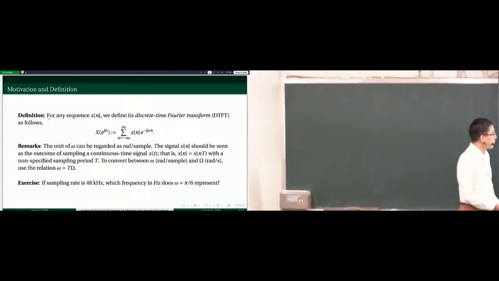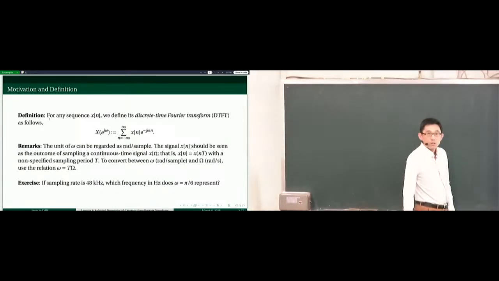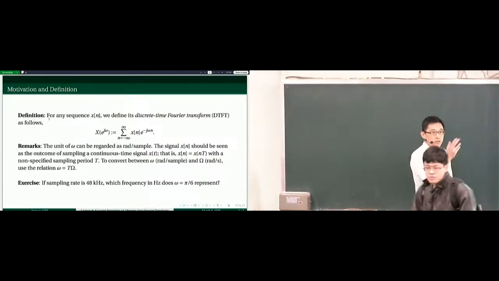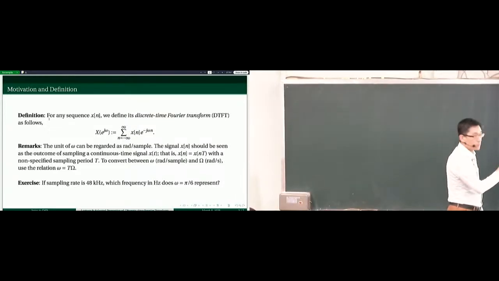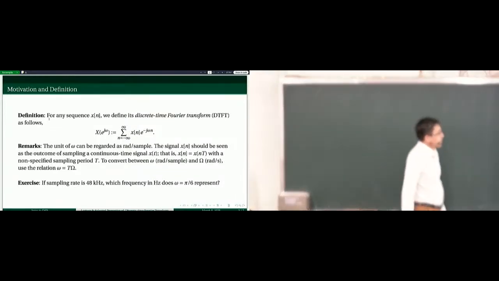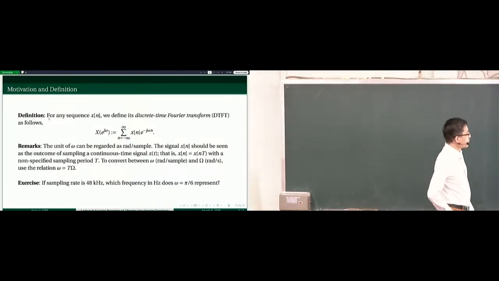Here the variable small omega is the frequency, which I recommend we use around the unit circle, so from 0 to 2 pi, or if you will, from minus pi to pi, because later you will learn that it is periodic. So it doesn't matter, omega can be any closed interval of length 2 pi, from minus pi to pi or from 0 to 2 pi. So omega is the frequency.